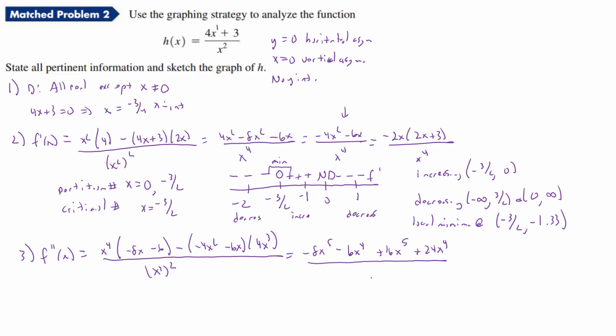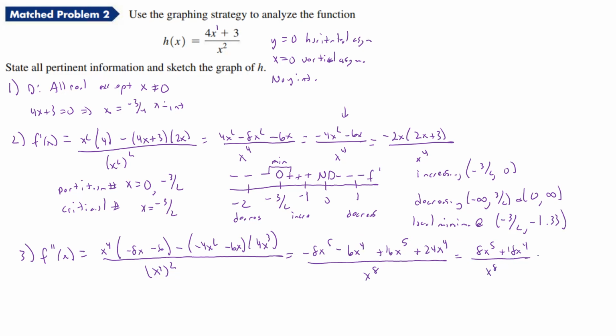And then that's all over x to the eighth. Now, what do we have? 16 minus 8, so that's going to be what? 8x to the fifth. And then we have 24 minus 6, so that's going to be 18x to the fourth, all over x to the eighth.